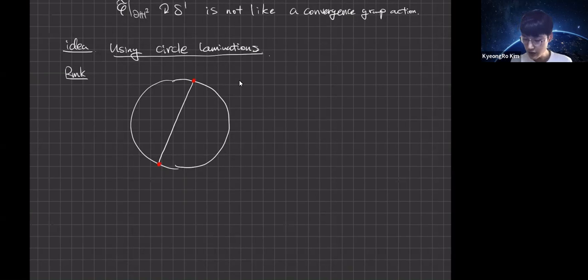So we can think of the set of geodesics as a set of pairs of points.